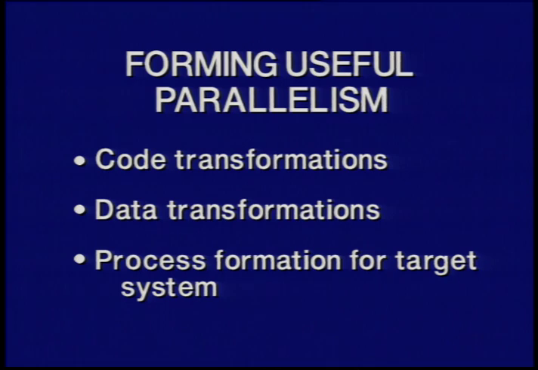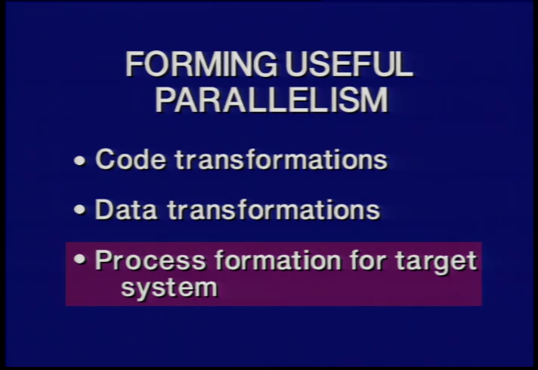So what are the technologies that we have? We want to form useful parallelism by transforming the code that we have to get larger or smaller or whatever units of parallelism. And we want to do data transformations to get rid of these references to storage that are just reusing storage. And we then want to, based upon the target architecture, form the useful parallelism.